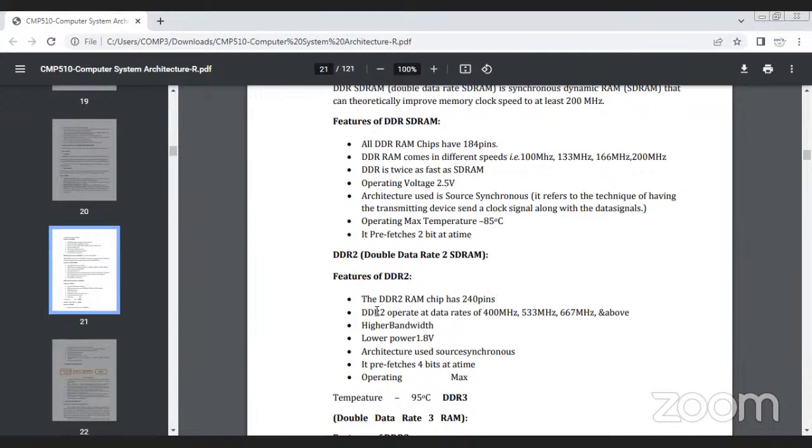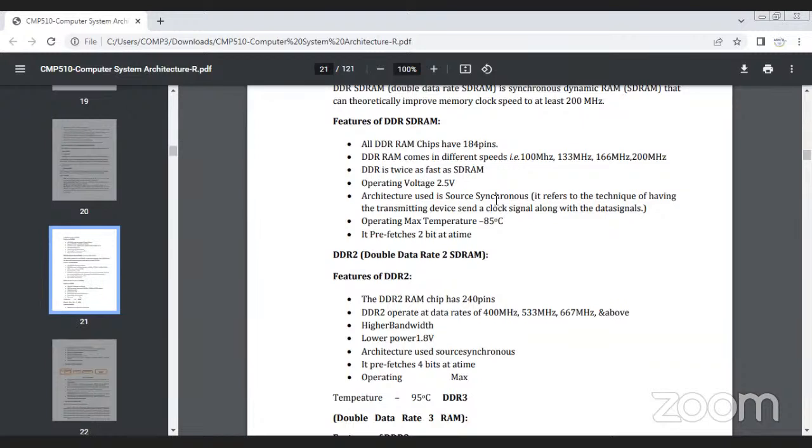DDR2. DDR RAM comes in different speeds: 100 megahertz, 133 megahertz, 166 megahertz, 200 megahertz. Similarly, DDR2 operates at data rates of 400 megahertz, 533 megahertz, 667 megahertz, and above.